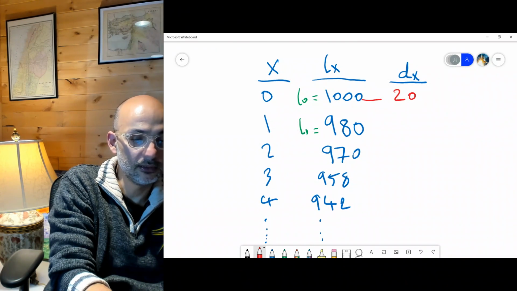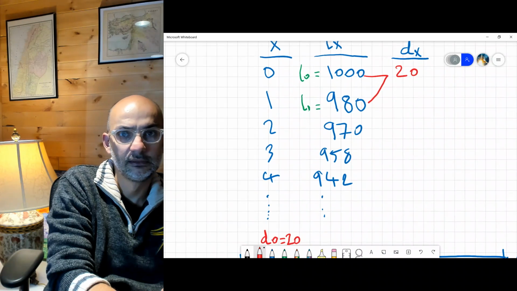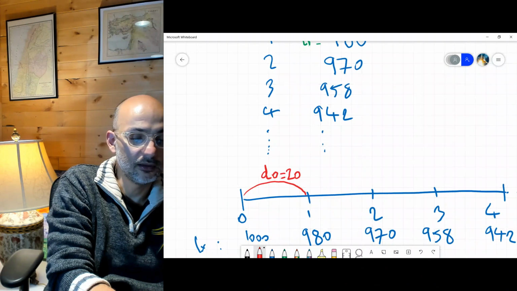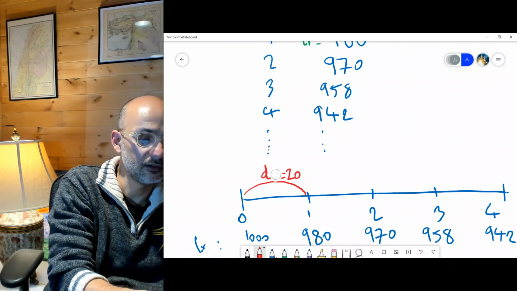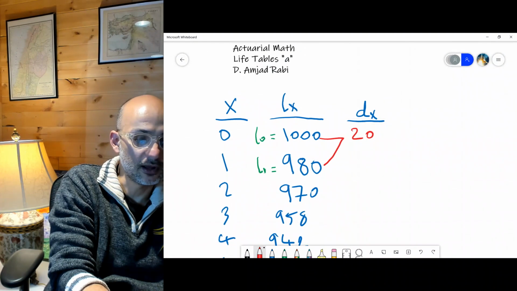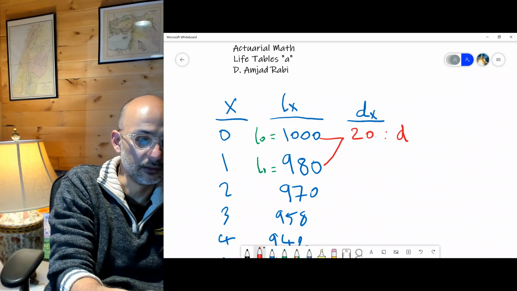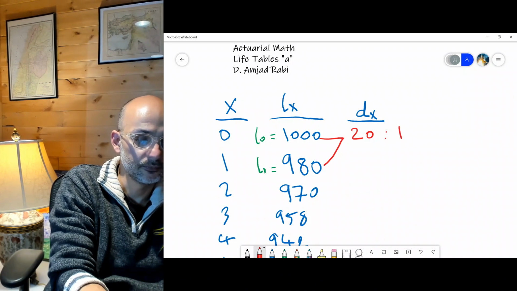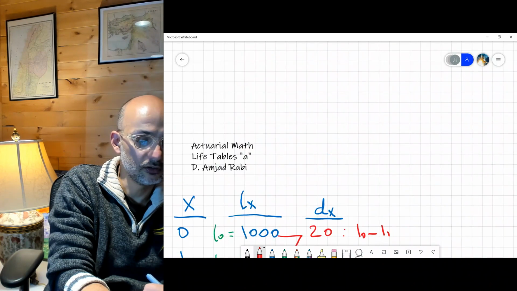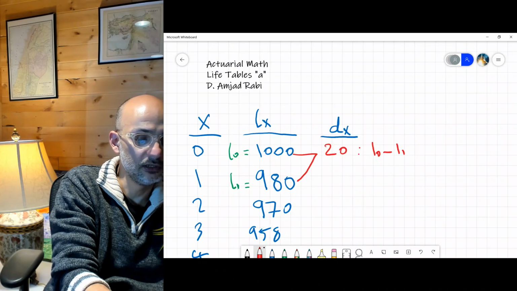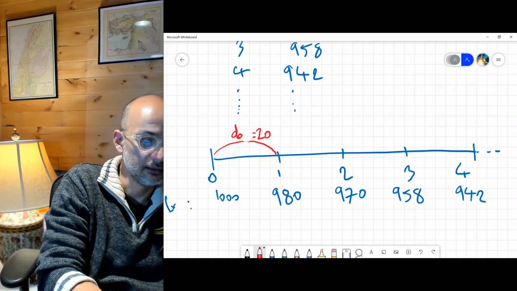So the deaths in the first year, year 0, would be l0 minus l1. And you can continue counting, following the d.